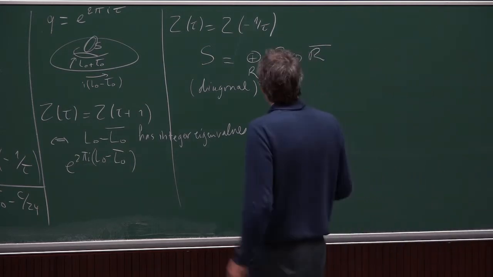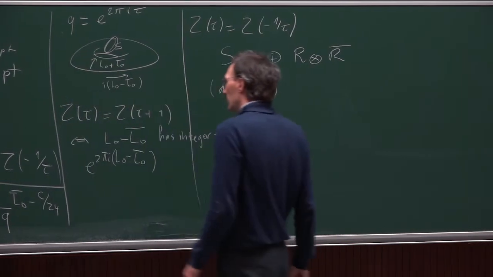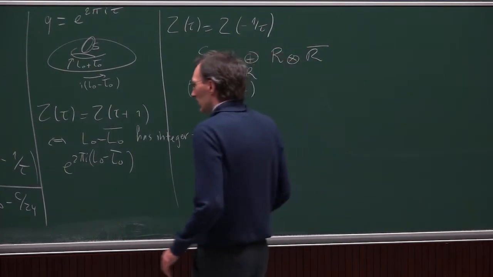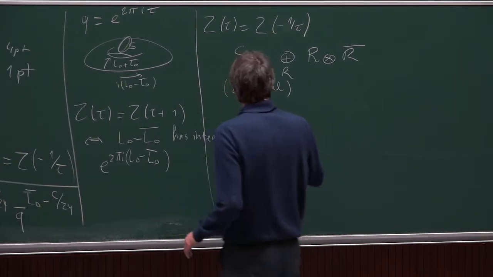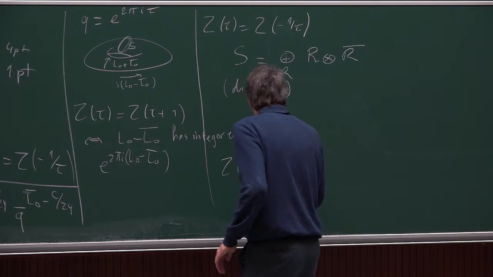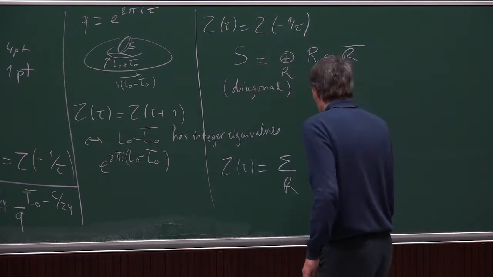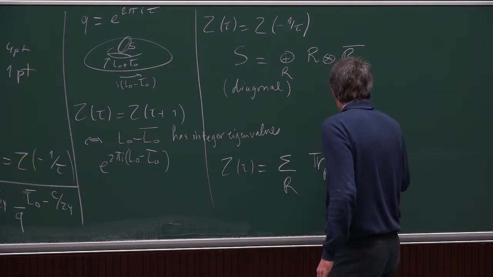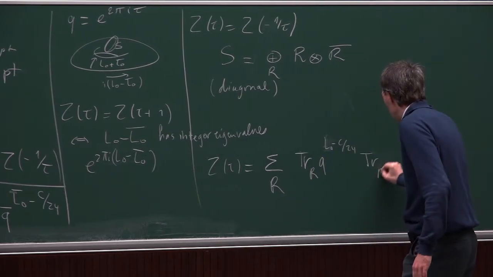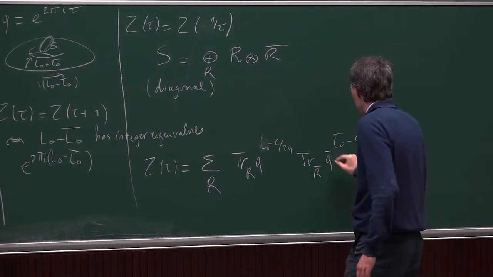If I'm inserting this spectrum here, what do I obtain? Well, this trace will factorize into left movers and right movers, so I get Z of tau equals the sum over R of trace over R of q to the L0 minus c over 24, times trace over R bar of q bar to the L0 bar minus c over 24.